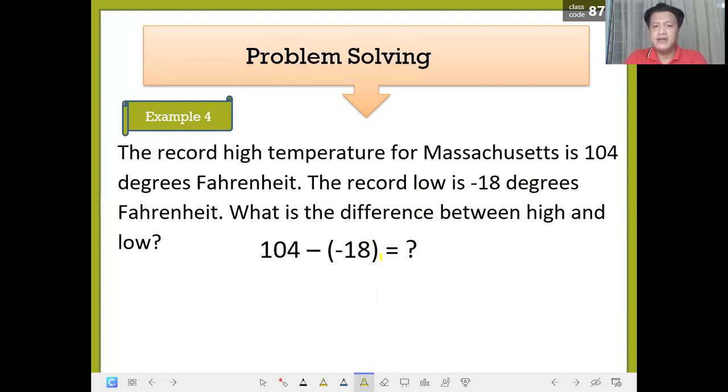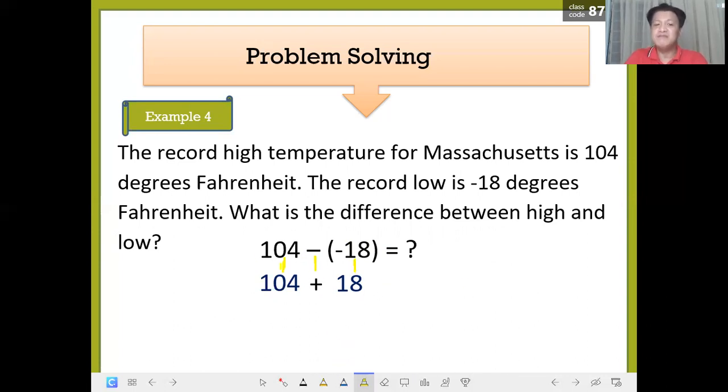Okay. And then you are going to apply the keep, change, change. Diba? Subtraction, you are going to keep 104 and then change the operation from minus magiging plus and also change the sign of the subtrahend from negative 18 becomes positive 18. Then perform the operation for addition.